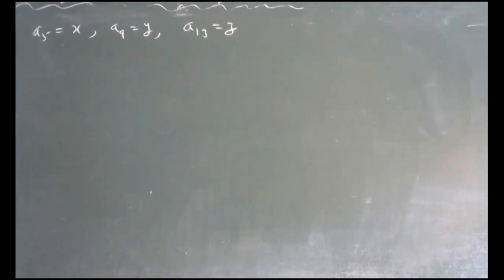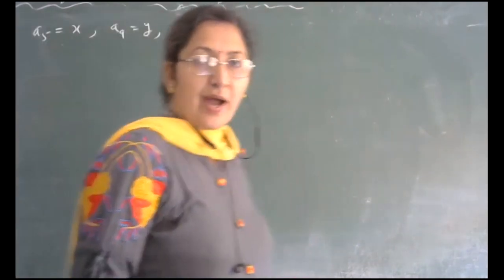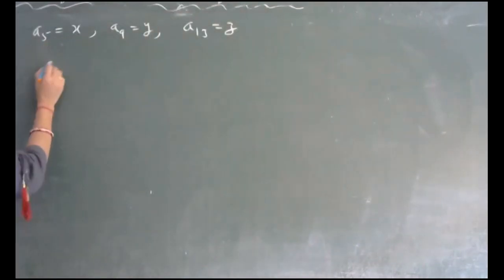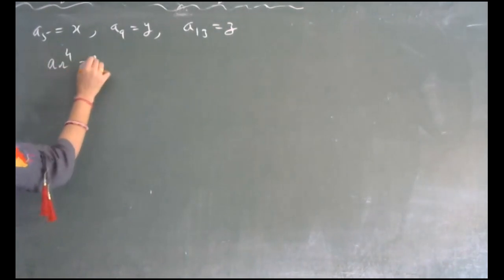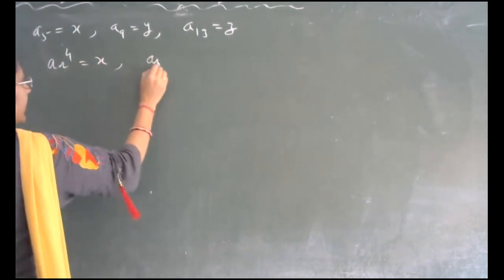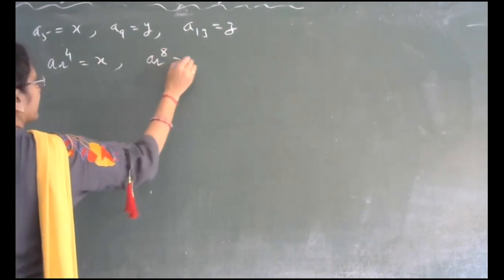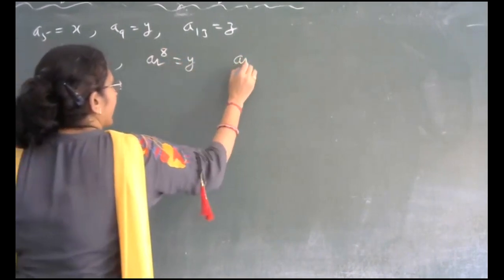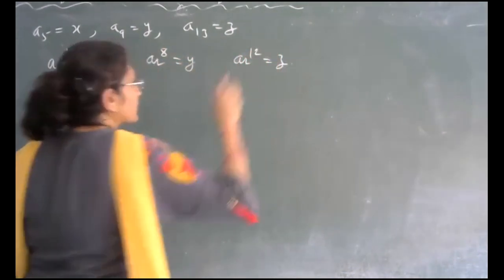Then are X, Y, Z in GP or not? Is it true or false? So you have to justify here: 5th term, that is A r raised to power 4, is X, A r raised to power 8 is equal to Y, A r raised to power 12 is equal to Z.